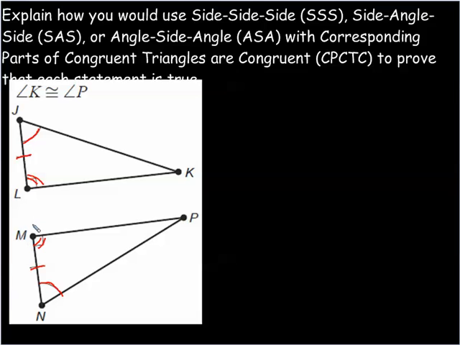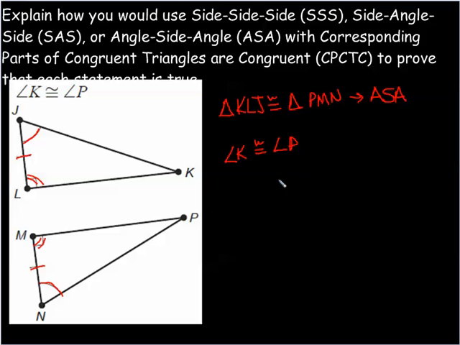So right there, we know that triangle KLJ is congruent to triangle PMN because of ASA, angle-side-angle. So that means that angle K has to be congruent to angle P.